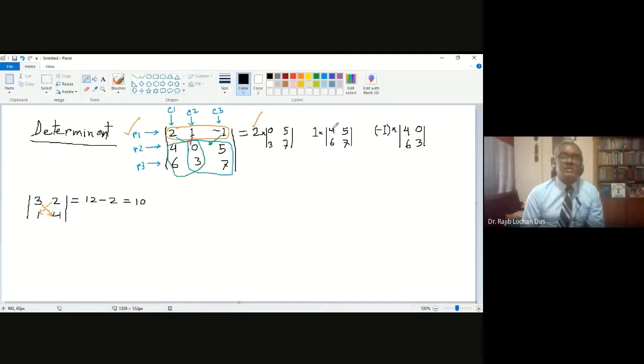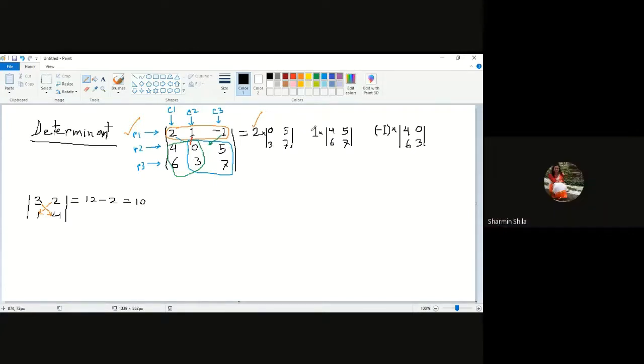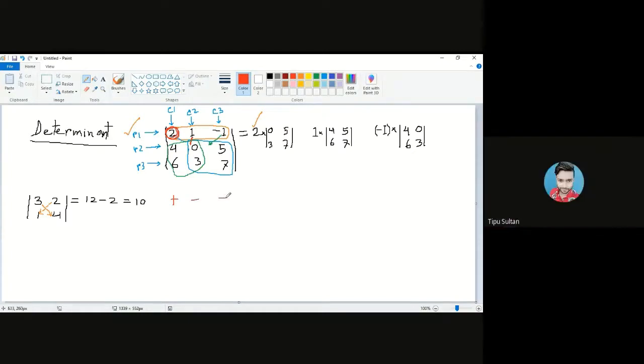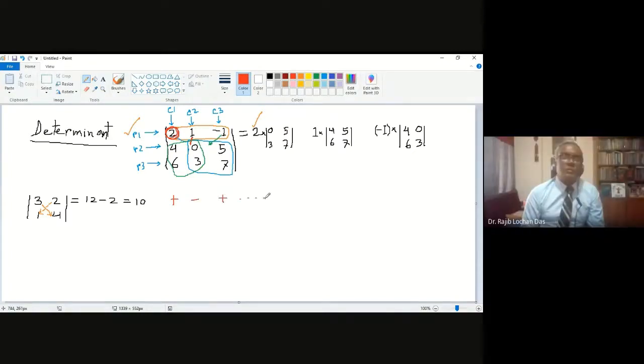This is the second step. Then you will put the signs, that is plus or minus, in between. The rule is the first position is always plus sign, and then opposite, every time opposite.